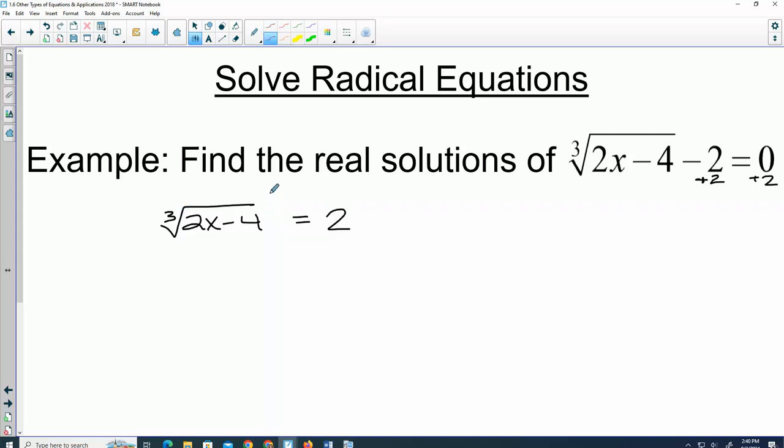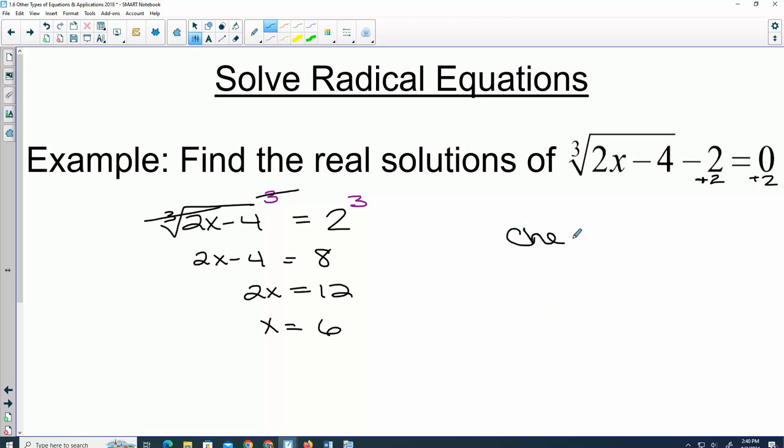Cube. So we can take each side to the 3rd power. A cube root and a cube would cancel one another out and just leave us with 2x minus 4. But 2 to the 3rd power is 8, so we add over our 4, divide, and we get 6.